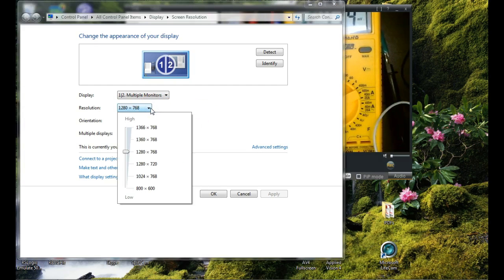This is what my video card supports. It supports all the way from 800 by 600, all the way up to 1366 by 768. The first number is the number of pixels we have across, and the next one is the number of pixels we have down. So now our displays are in a rectangle, right?